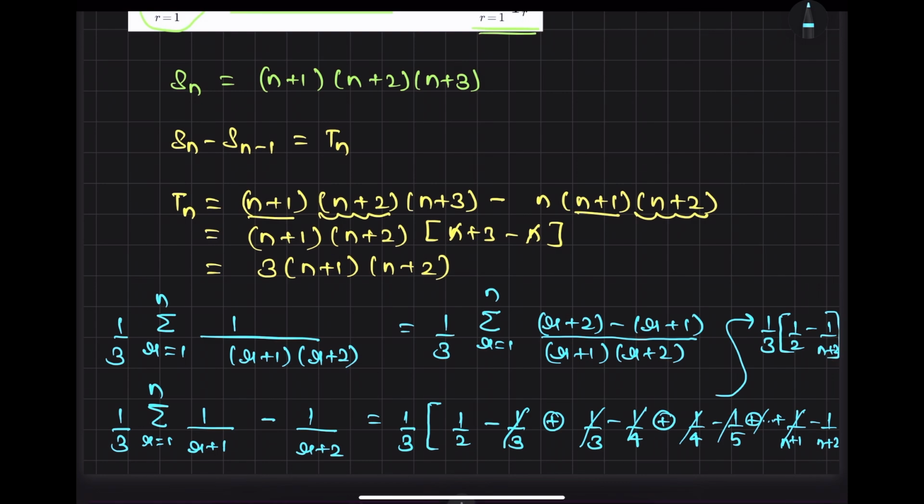This is your final answer. You can simplify things. So we will have n plus 2 minus 2 by 6 times n plus 2. This thing is gone. So this is our final answer, n by 6 times n plus 2.